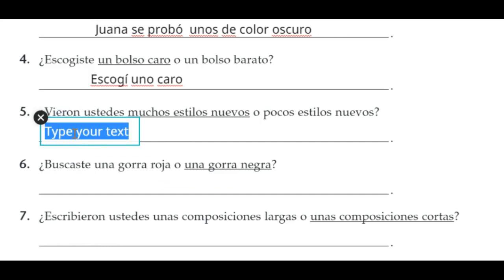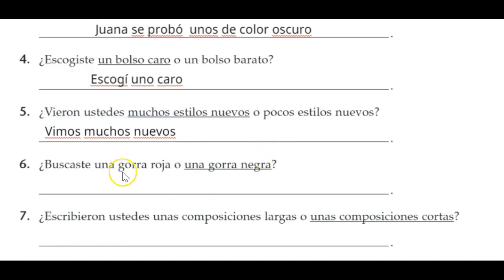Well, we want to say nosotros vimos. And here again, we have the verb ver, which in the past tense does not have any written accents. Vimos muchos nuevos. We saw many new ones, and we just leave it alone right there. So we're just basically taking out the noun, aren't we?